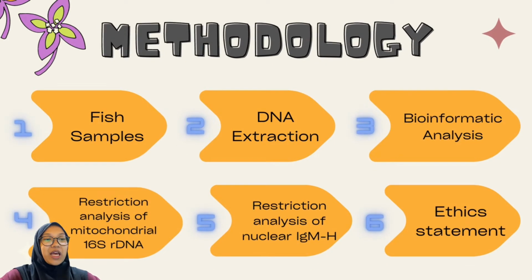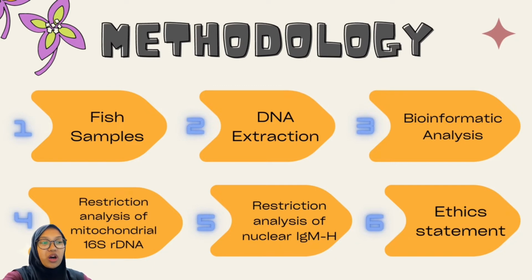First, fish samples. Wild or captive adult and post-hatch larvae of Pangasiid species were collected from various locations in Thailand. The fin clips of approximately 1 cm were dissected out from the adult fish and placed in absolute ethanol.